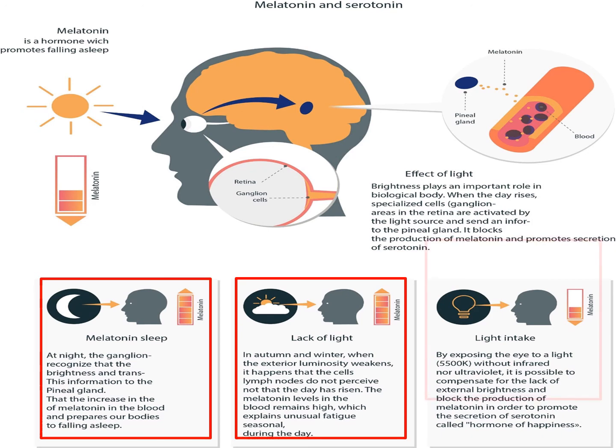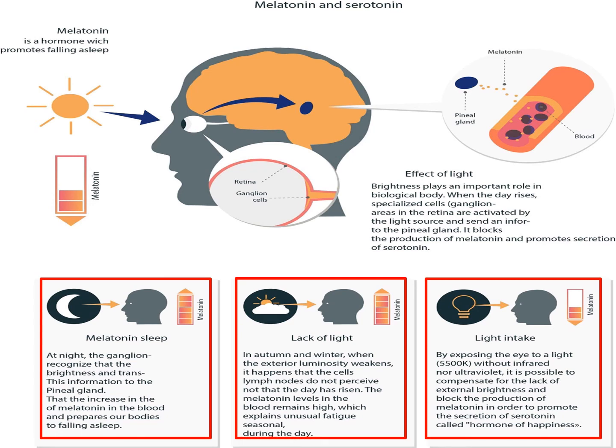Then, if there is a light intake, intentionally, by exposing the eyes to light without infrared or ultraviolet, it is possible to compensate for the lack of external brightness and block the production of melatonin in order to promote the secretion of serotonin, called the hormone of happiness.